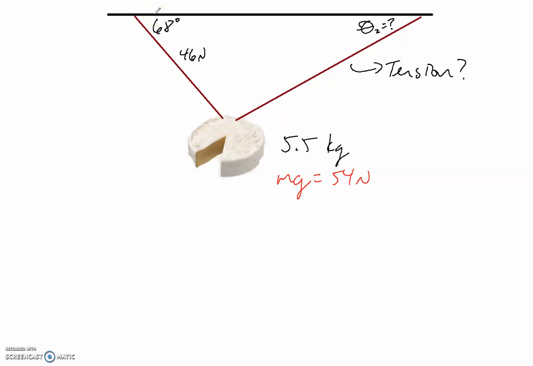Okay, now if I look at this cable, I've got a force, I've got the tension, I've got an angle, and when we have force at angles, we often just break them up. And that's exactly what we're going to do. We're going to break this thing up. We're going to turn it into a right triangle that is also 68 degrees, and you can find the horizontal and the vertical components of that triangle. So if I use my cos and my sine, I got the 46 cos 68, I got the 46 sine 68.